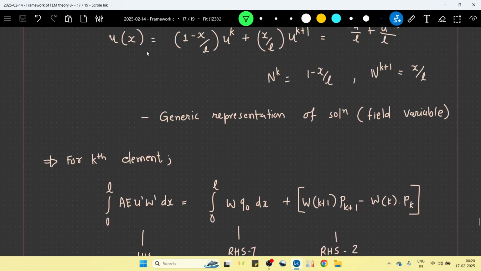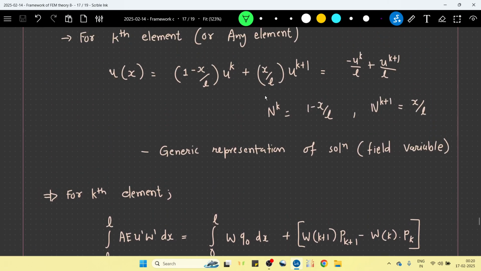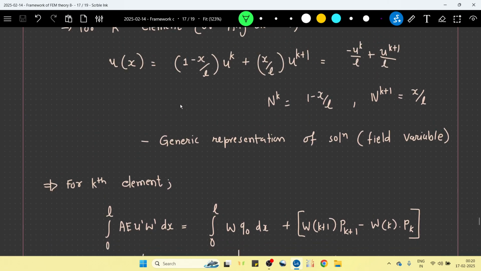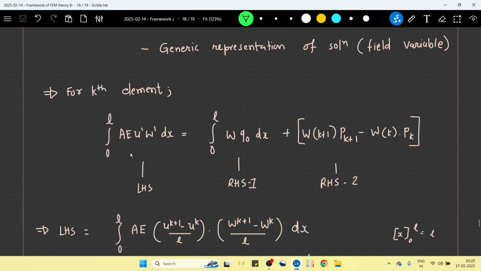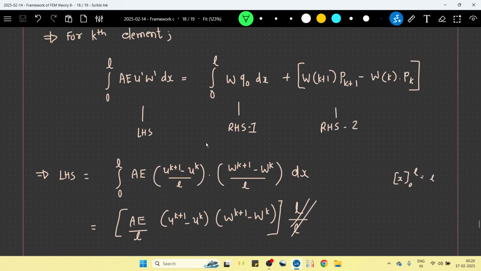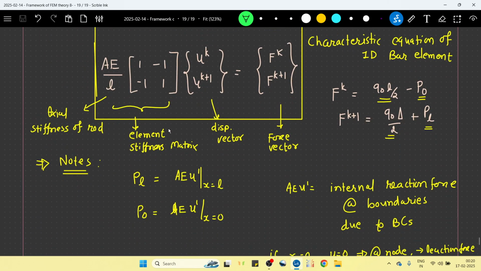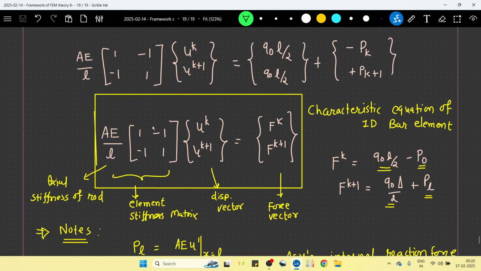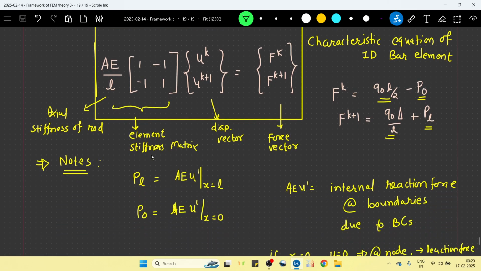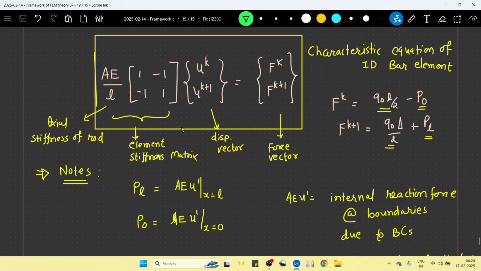Once we had this assumed solution, we put it into the weak form. So we got this characteristic equation for 1D bar element, which looks exactly the same as the one we derived from solid mechanics principles.